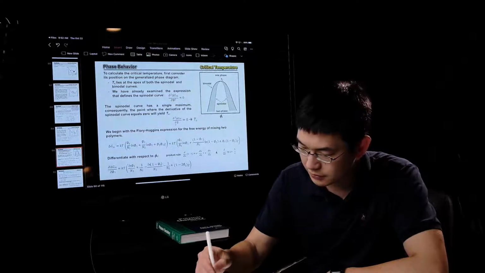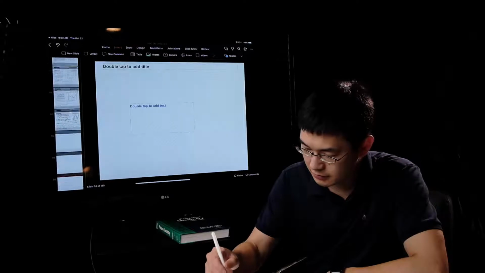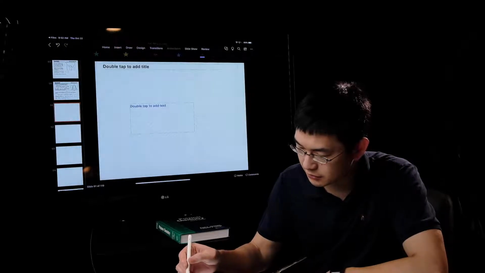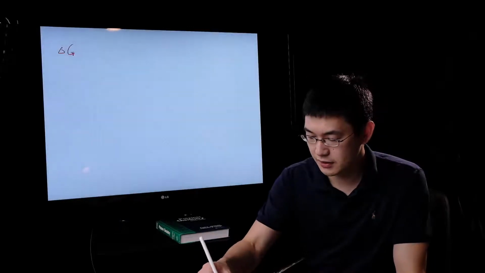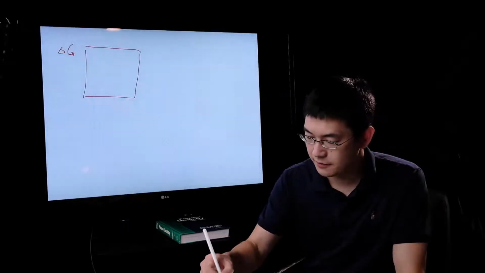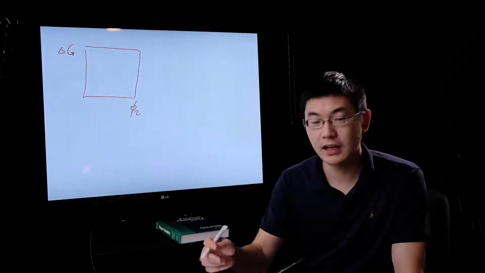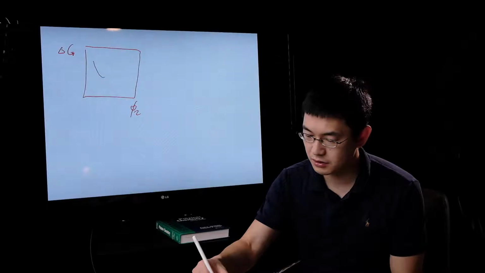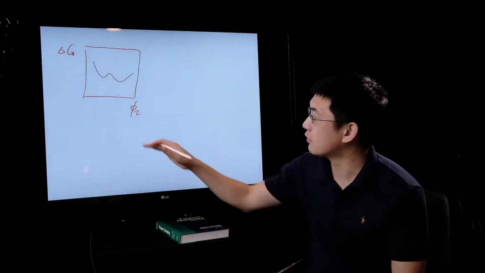Let me insert a couple of empty slides, and I'll use this empty slide for a short discussion. What we discussed is how we get delta G based on Flory-Huggins theory and based on phi 2, and we can get the energy diagram, which is what type of delta G you would expect. I'll give a random one.